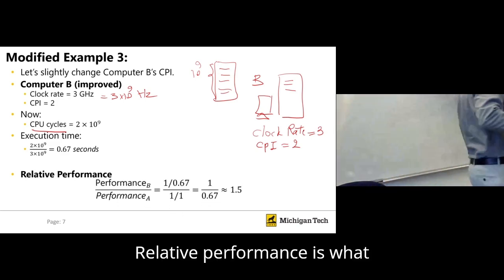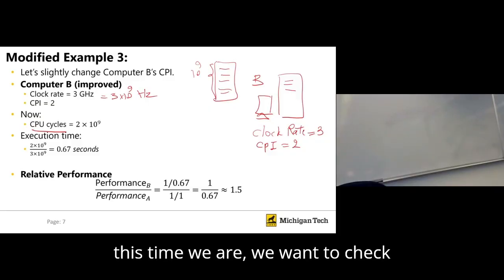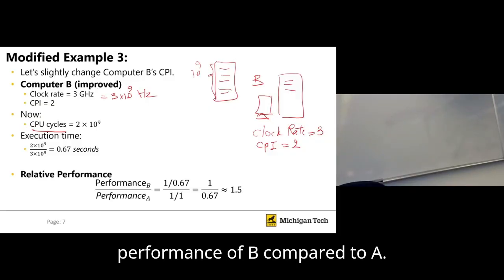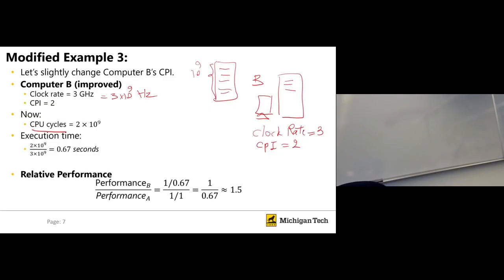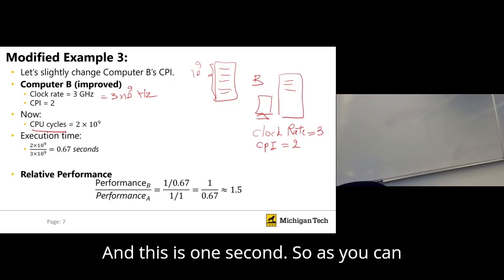This time we want to check the performance of B compared to A, and performance is the inverse of execution time. Execution time with this is 0.67 seconds, and this is 1 second.